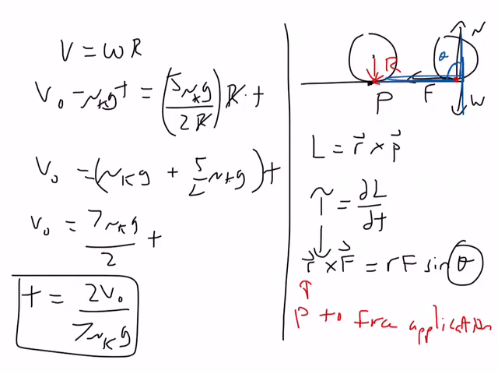So if we were to write tau F plus tau N plus tau W, we would get that these two are equal and opposite, and so the sum is 0, no matter what. And since this is 0, that tells us that the angular momentum is a constant.